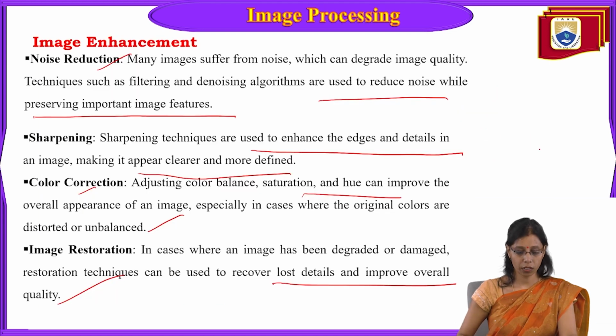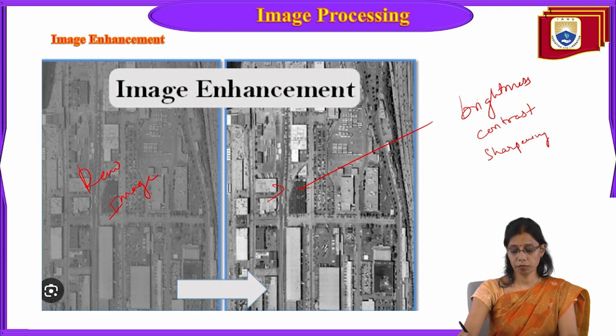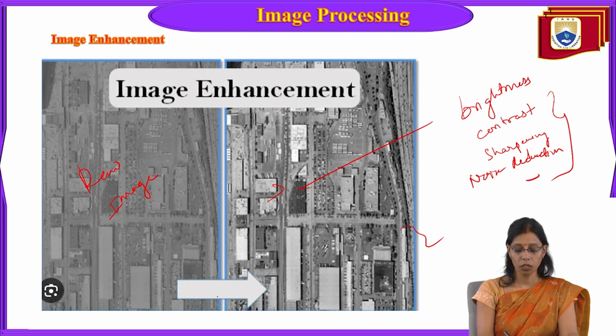What else we can do is color correction, noise reduction, and all the rest of the things. So the final image, this is the final image after the enhancement. It will look like this.